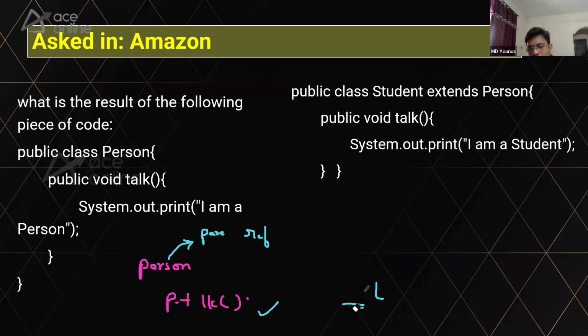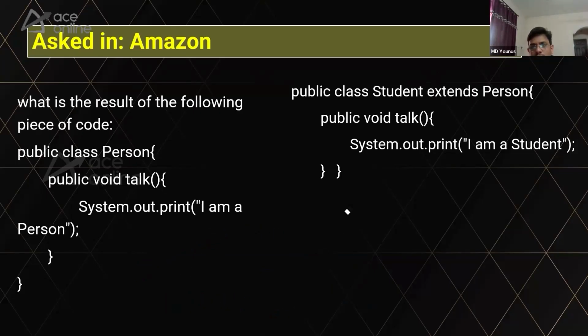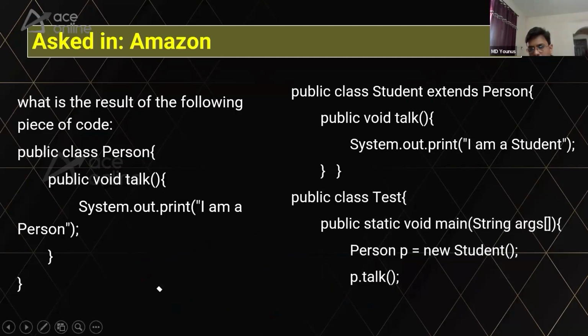Now let's see what will be the question, so that we can answer it and proceed with the discussion of dynamic method dispatch and runtime polymorphism. If I write Person p = new Student, p.talk, are you all clear that it will print I am student, even though p is of type parent Person?